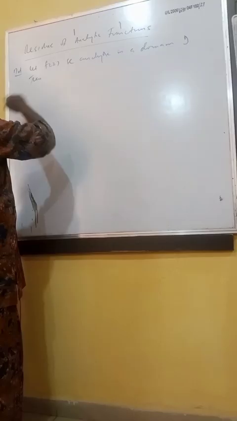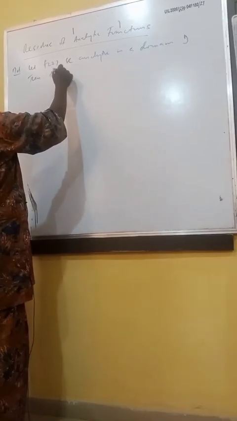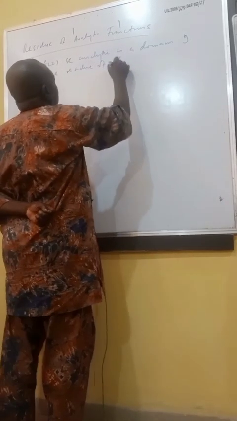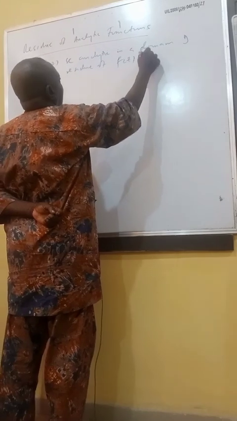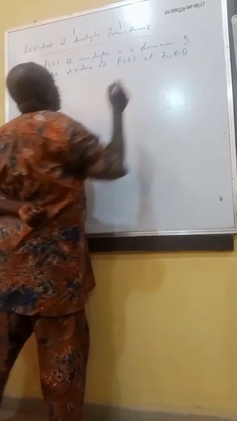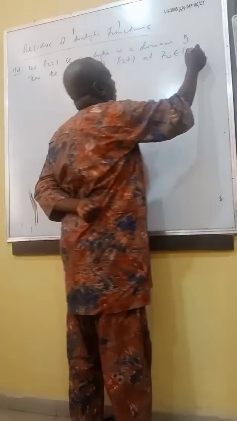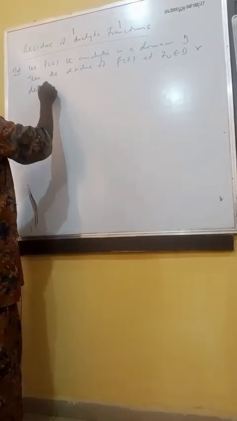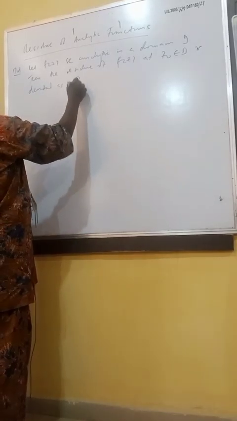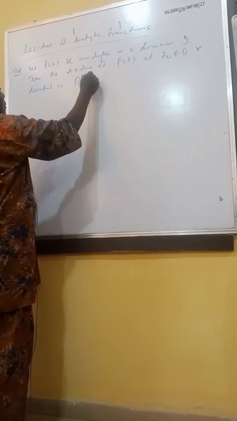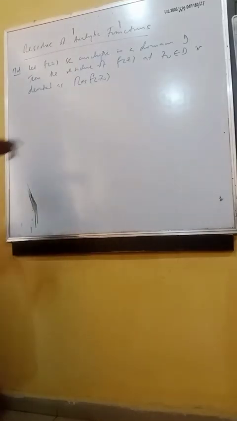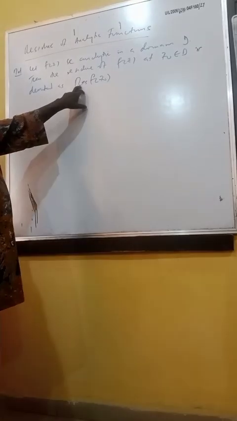Then the residue of f of z at z naught, which is inside the domain D, is denoted as res of f at z naught. So the short form of the residue of a function is residue of f at z naught.